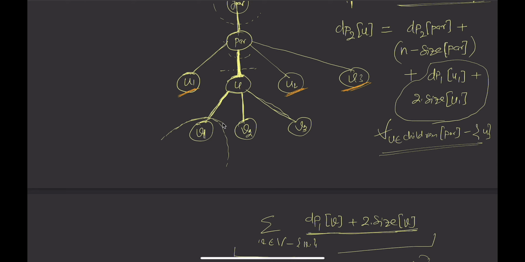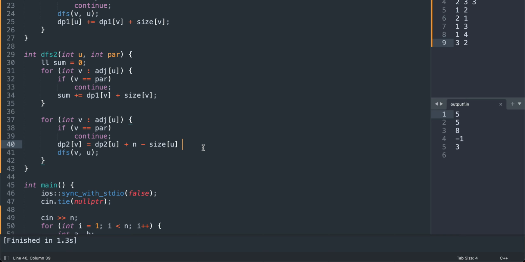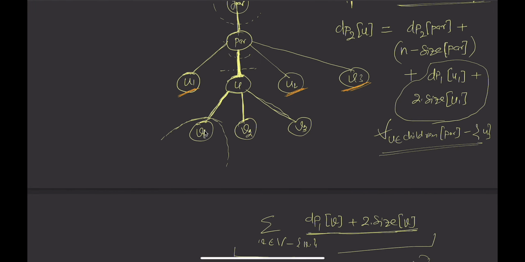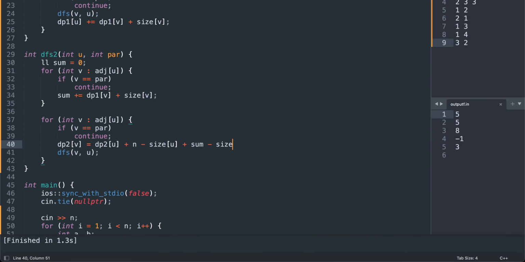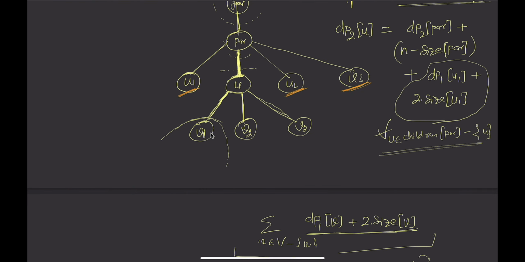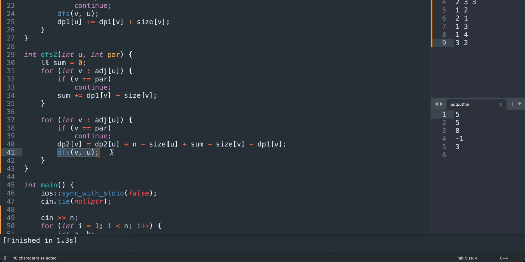I think we have already calculated the sum, but let's subtract it. So it will be plus sum minus, because in sum it also includes this value, we can remove this value. This value is size of v minus dp1 of v. Then we can call the DFS on this.